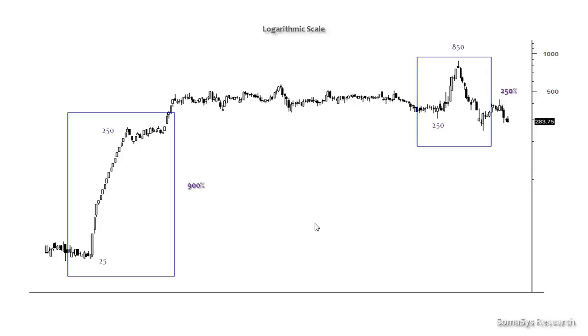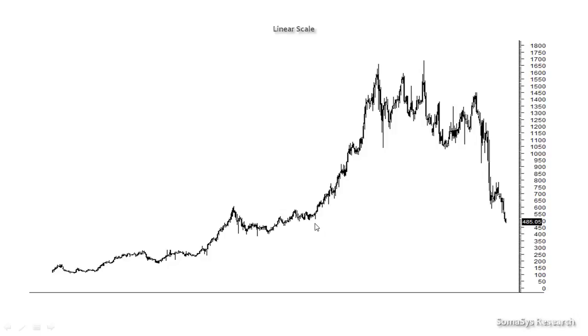But anyways, the real use of log charts is not in calculating return, but purely analysis. So let's uncover that. Let's have a look at this chart now and understand how log charts help in better analysis, especially for longer term charts. Now, this is a linear scale chart.